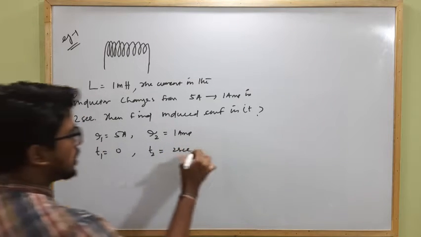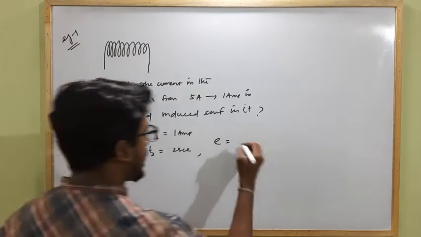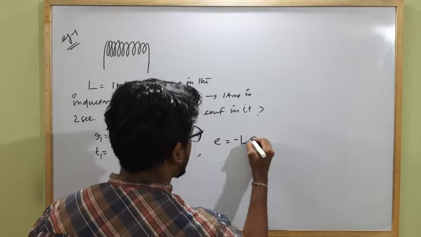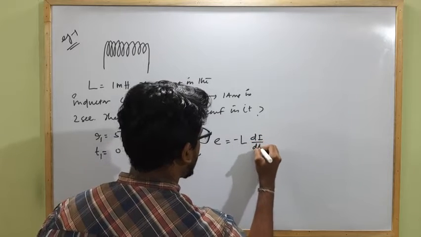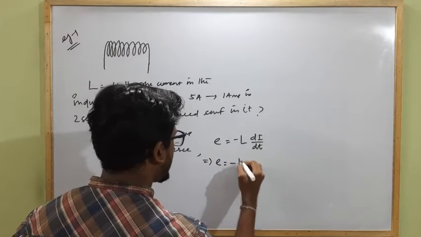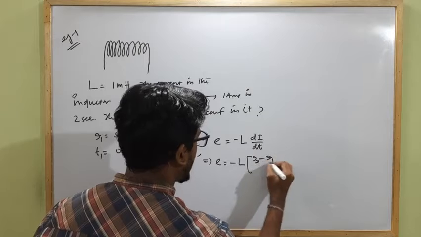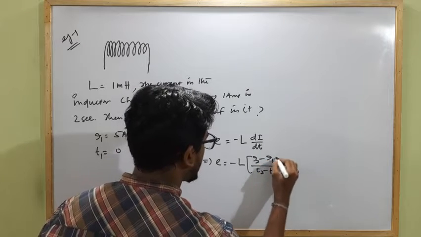From this we can write the induced EMF E equal to minus L into di by dt, or E equal to minus L, where L is the self-inductance, into I2 minus I1 by T2 minus T1.